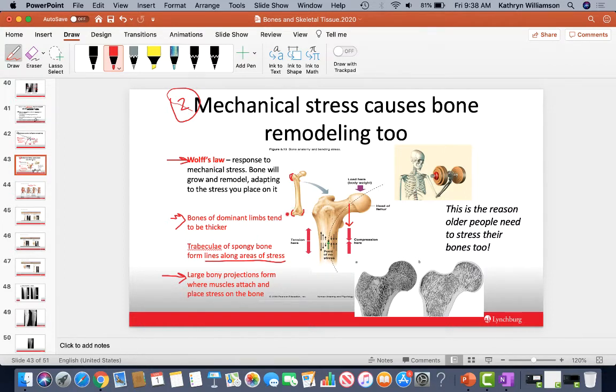When muscles pull, it stimulates your body to lay down extra bone. And this is the whole reason why older people need to stress their bones too, so that they don't develop pathology like osteoporosis. They need to do weight training. They need to do weight-bearing exercises, like a lot of walking, so that their bones will be stimulated to lay down more bone.